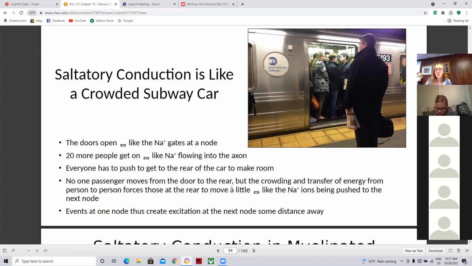No one passenger moves from the door to the rear, but the crowding and the transfer of energy from person to person forces those at the rear to move, like sodium ions being pushed to the next node. And the events at one node are going to create excitation at the next node.